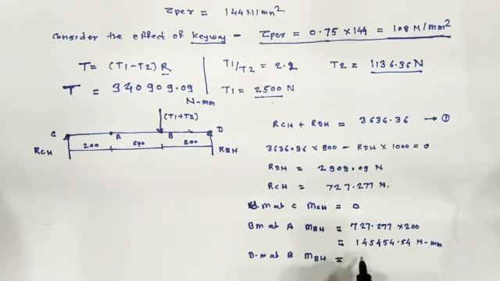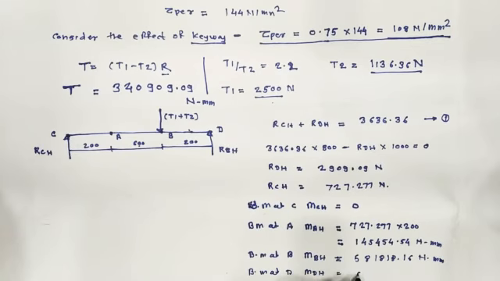By calculating this, we have the value 581818.16 Newton mm. And last, bending moment at D, MDH, is equal to 0, the bearing reaction.